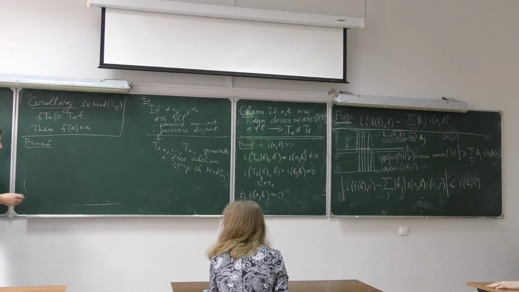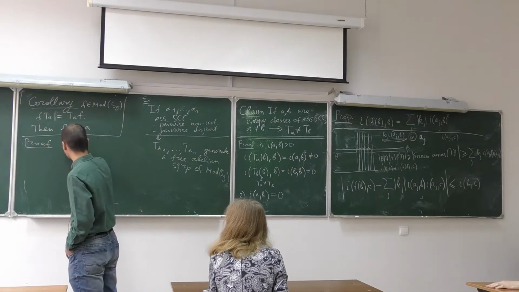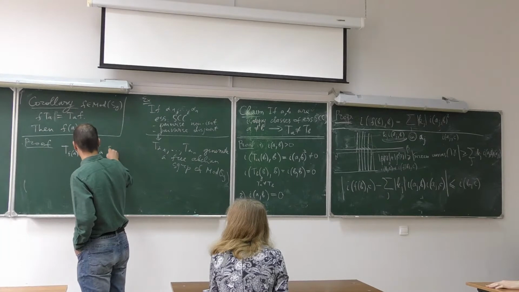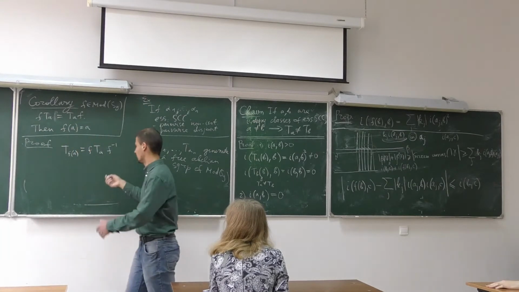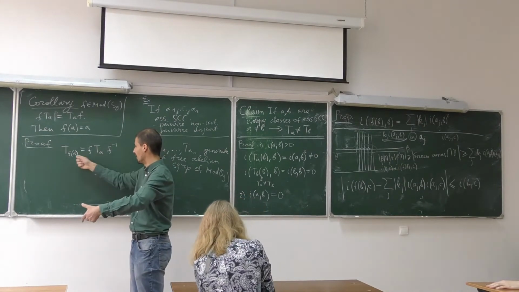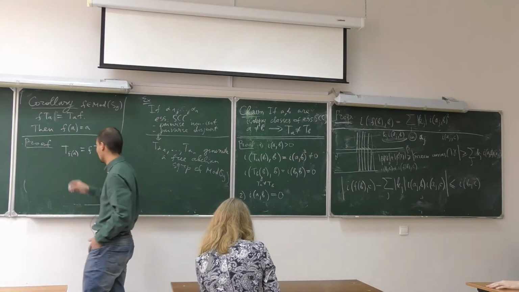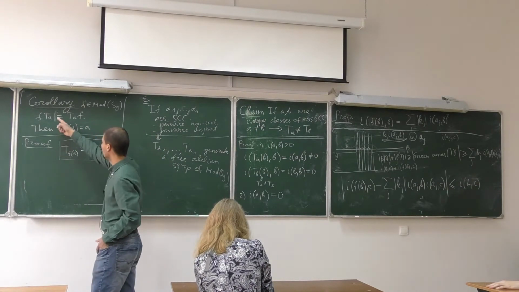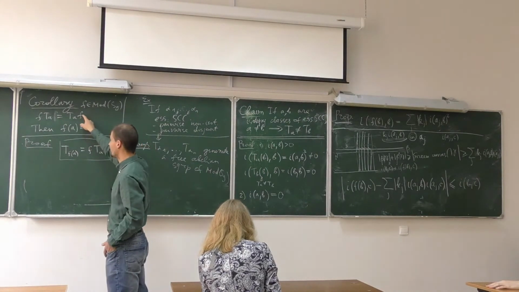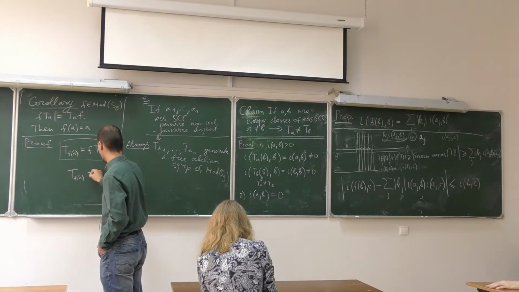Proof. What is always true? It is always true that T of F of A equals F TA F inverse. Just F inverse takes F of A to A, we perform the Dehn twist and then map it back. So this is always true. And if we have commutation, then we see that T of F of A equals TA.